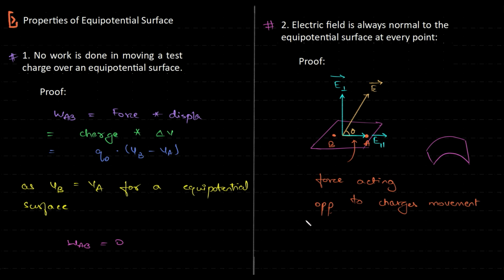But there should be no force. There should be no work. If there is a force which is non-zero, then work will be non-zero. But we just proved that work is 0 on an equipotential surface. So what is happening over here? Well, what's happening is that our assumption of theta being non-90 degrees is wrong.